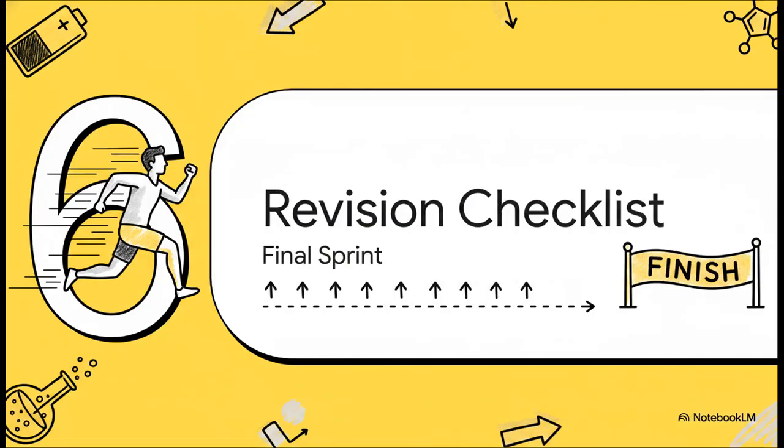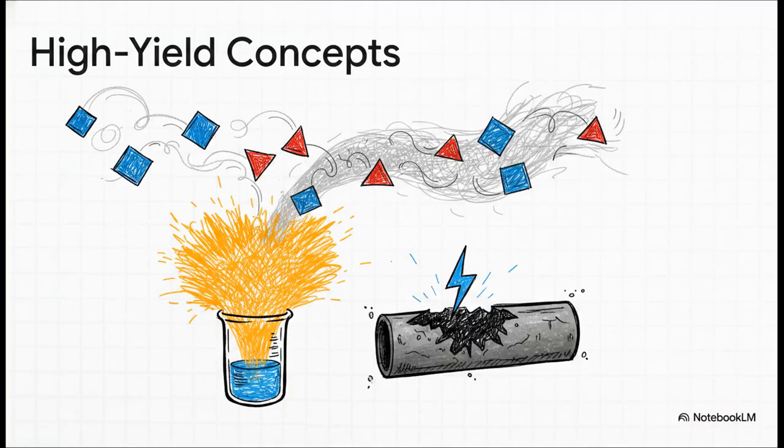Almost there. Section 6. Final exam revision checklist. Let's sprint to the finish line with a rapid-fire review. I highly recommend taking a mental screenshot of these facts because these high-yield definitions are almost guaranteed to show up. First, Kohlrausch's law of independent migration of ions. You gotta know that molar conductivity at infinite dilution is simply the sum of the individual ion contributions, period.